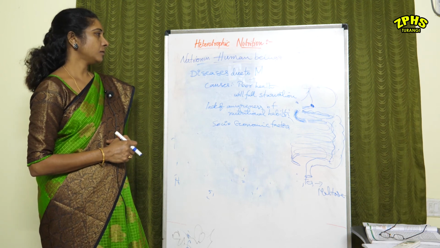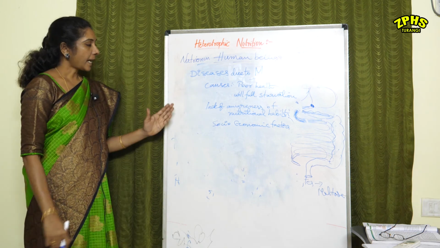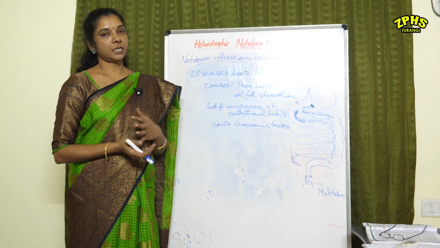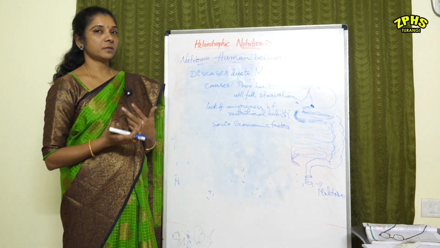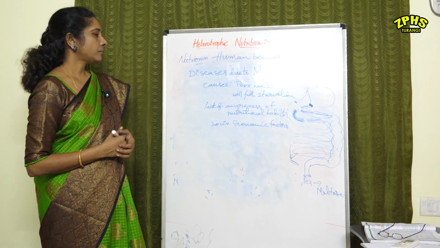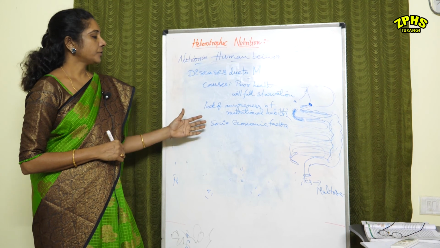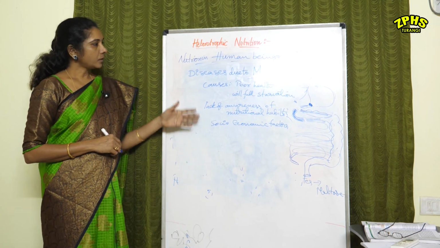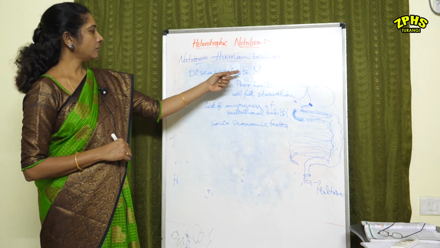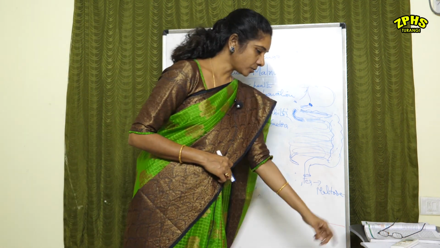That also leads to malnutrition. And lack of awareness of nutritional habits. Before taking food and after using toilets, we should wash our hands properly. If not, it also leads to some malnutrition. And socio-economic factors also. These all lead to malnutrition. So what are the diseases we get due to malnutrition? Let us go to that topic.